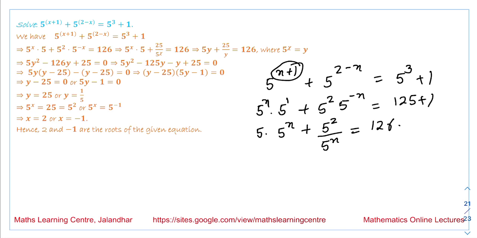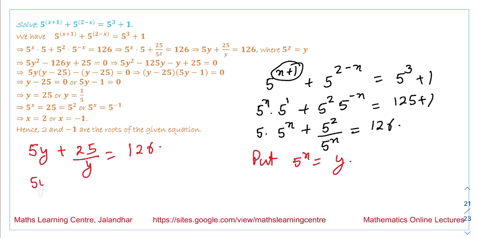Now suppose, in place of taking the LCM, we put 5 raised to the power x is equal to y. So our question becomes 5y plus 25 over y is 126. So it is 5y square plus 25 is equal to 126y.